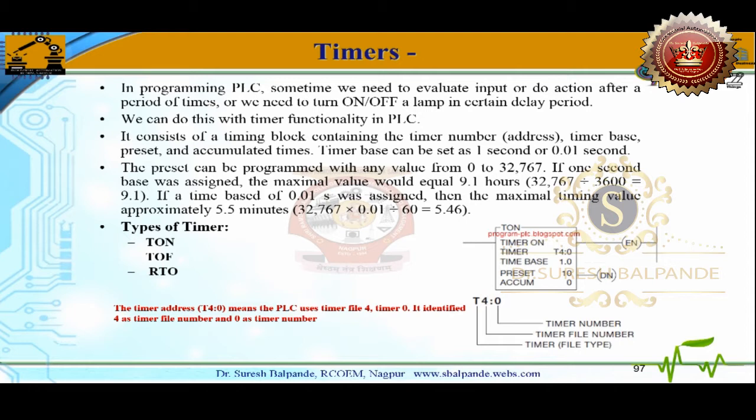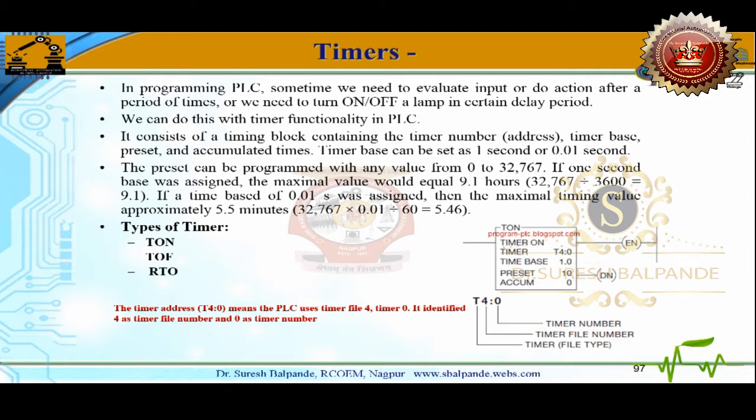Meaning in a TON timer, initially at instant t equal to 0, your output will remain in the off condition, and after the specified period it will turn on. In case of a TOF timer, immediately at t equal to 0, the load is turned on and it will go to the off state after the specified period.